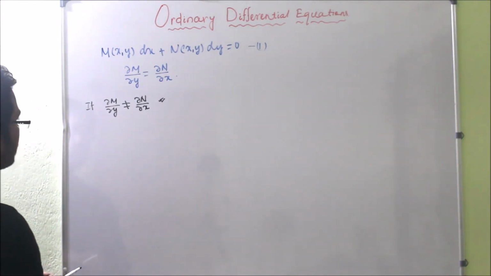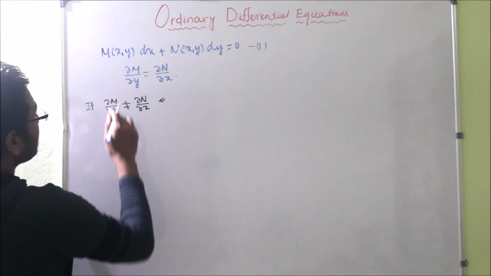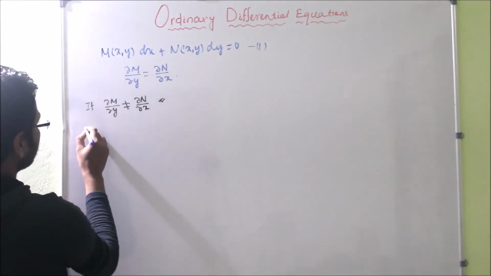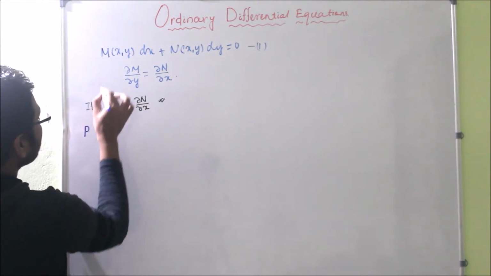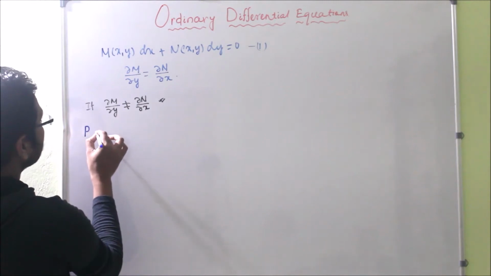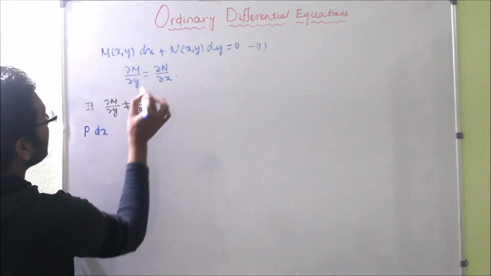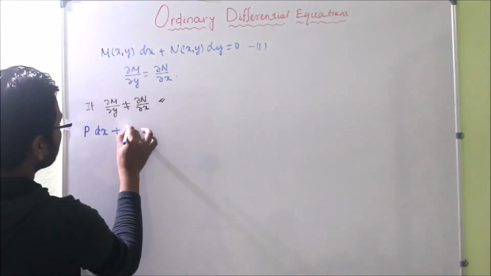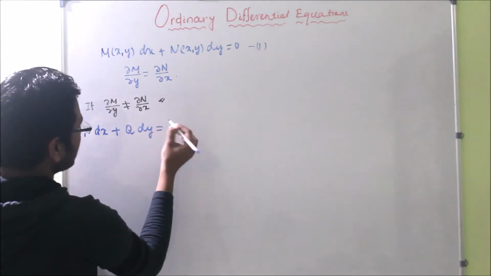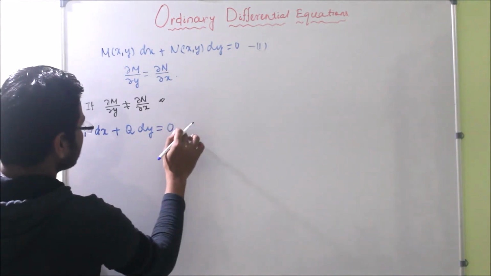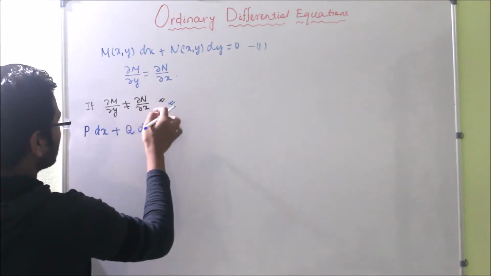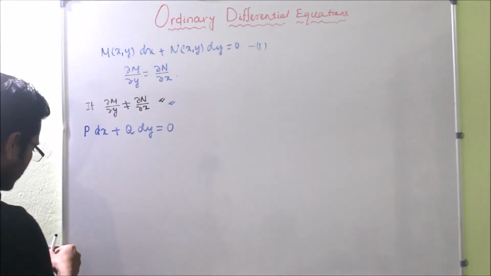So what we will do? Again this differential equation we will reframe into different terms. If I write P in place of M(x,y), so P dx, and in place of N if I write Q, so it will be Q dy. This is nothing but only the notation. So if this is the differential equation where this condition is there, means non-exactness, what we will do?